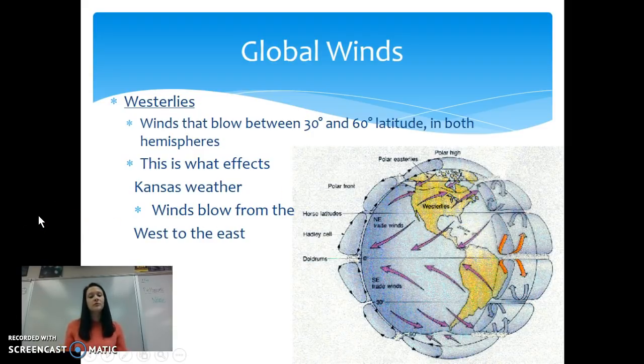So if you look at the Weather Channel, you want to know what weather is coming, you don't ever look to St. Louis. St. Louis is getting the weather that we are experiencing currently. So if you want to know what's coming our way, you would look at western Kansas. So they're called the westerlies because that's where they're coming from. They're coming from the west, blowing to the east.